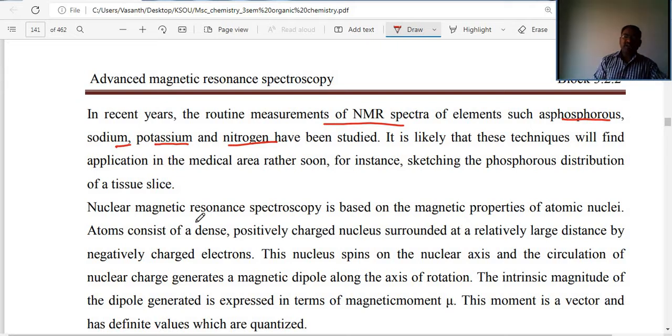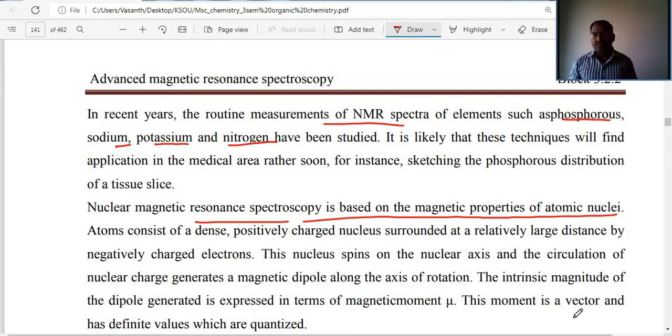Nuclear magnetic resonance spectroscopy is based on the magnetic properties of atomic nuclei. Atoms consist of a dense, positively charged nucleus surrounded at a relatively large distance by negatively charged electrons.